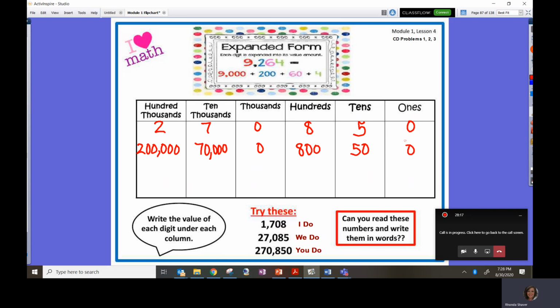So if I'm putting this in expanded form, I'm going to say 200,000 plus 70,000 plus 800 plus 50 equals 270,850.